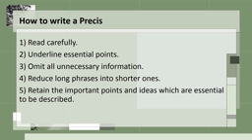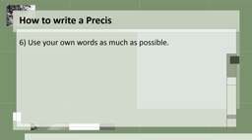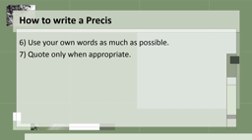Number 5, retain the important points and ideas which are essential to be described. So sometimes when students do write the précis, they overdo it, like they even omit the keywords, and that's a no-no. Okay, number 6, use your own words as much as possible, because you're making the idea your own.